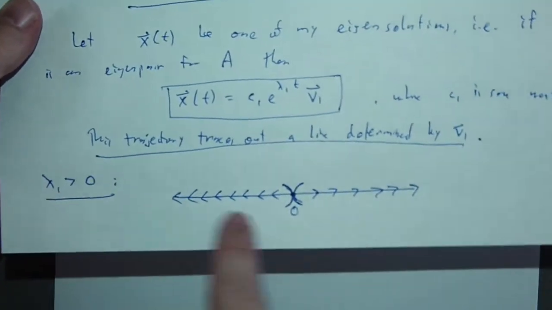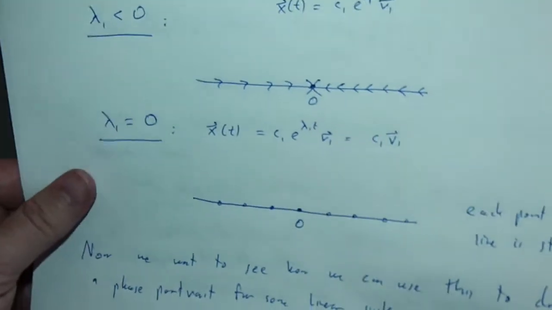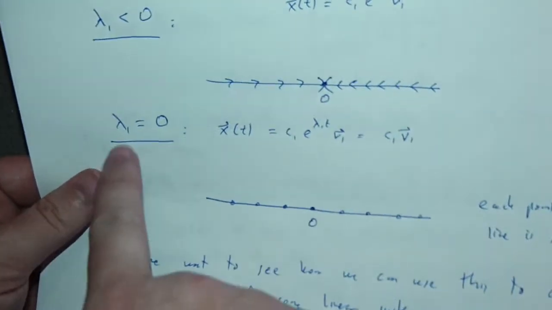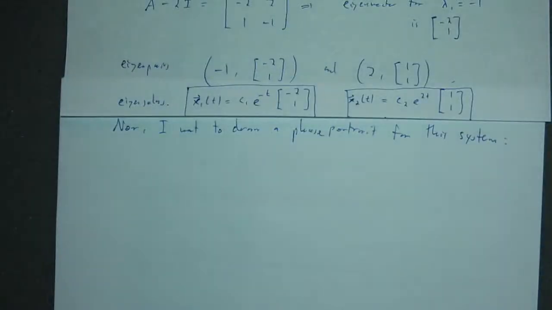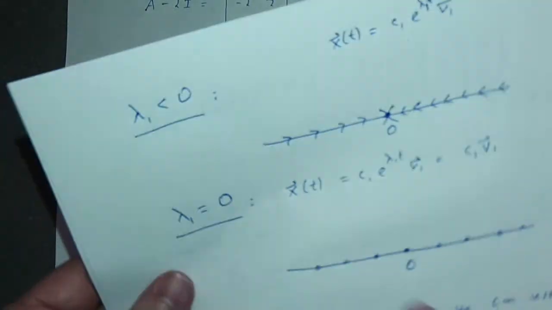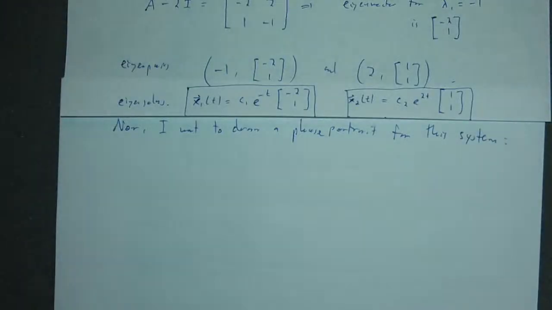If lambda 1 was positive, this is the picture I got. Lambda 1 negative, this was the picture I got. And if it was 0, I got this weird picture where all these things are stationary solutions. So what are those lines? Remember, these lines were determined by the eigenvector in question.